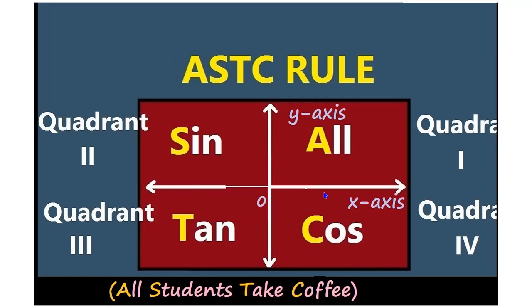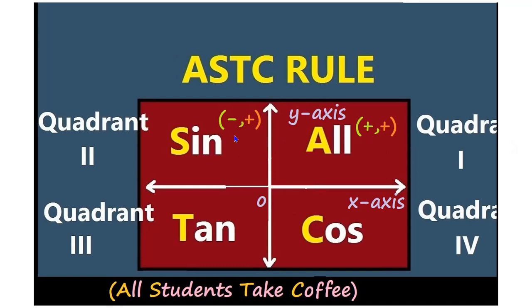Now if the point is in the first quadrant, you know the signs of the coordinates: both x coordinate and y coordinate are positive. If you come to the second quadrant, x coordinate is negative and y coordinate is positive.